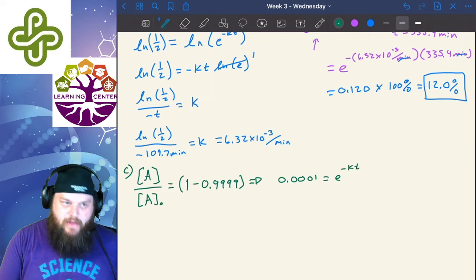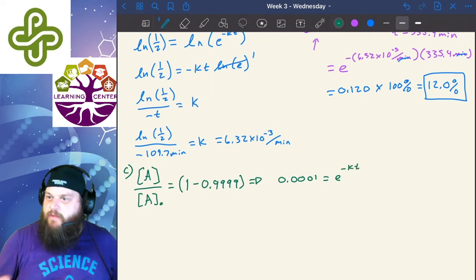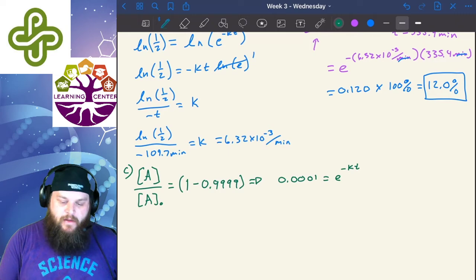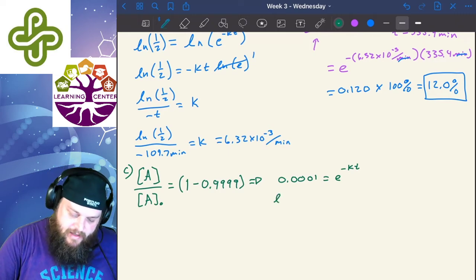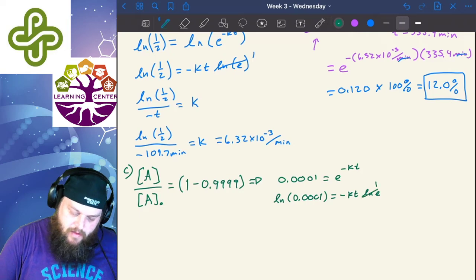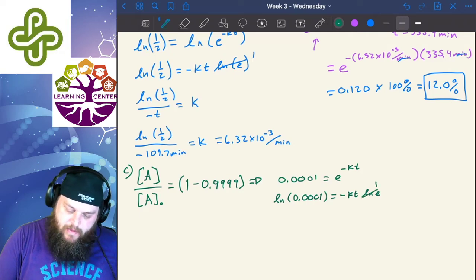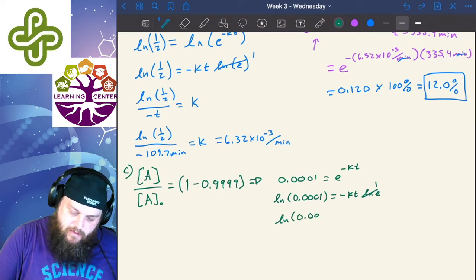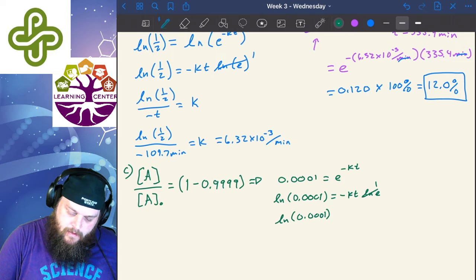I'm going to rearrange this real quick, just so I don't have to write out that k value all the time to solve for t. So that's the natural log of 0.0001 is going to equal negative kt ln of e. That's 1. So I can divide everything by negative k. That's going to be the natural log of 0.0001 divided by negative k is going to equal t.